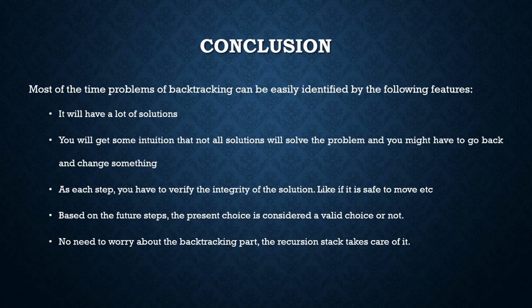At each step, you have to verify the integrity of the solution, like if it is safe to move, etc. Based on the future steps, the present choice is considered a valid choice or not, and no need to worry about the backtracking part. The recursion step takes care of it.